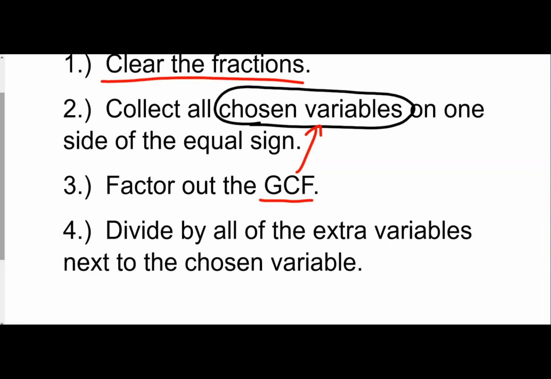And then the last thing you're going to do is divide all those extra variables away that are next to the chosen variable, and you're going to get that variable that you want by itself, because that's always the goal of literal equations: to get the chosen one by itself.